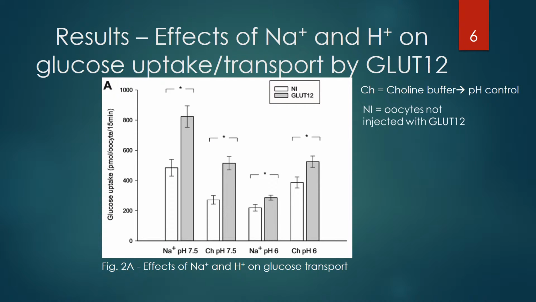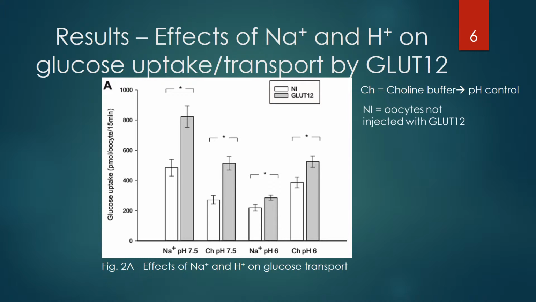So this figure just shows the effects that sodium and hydrogen ions had on the glucose uptake of GLUT12, and the white bars represent the non-injected oocytes, so they don't express this GLUT12 molecule.